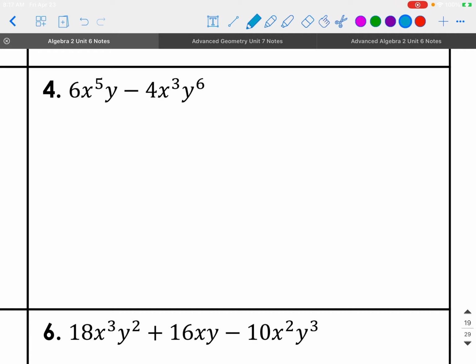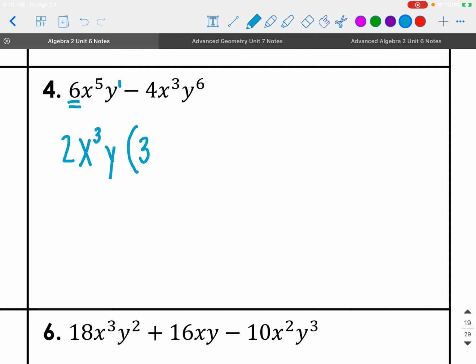What is the largest number that goes into both 6 and 4? It's 2. Okay, then our x's. The most I could take is 3. And then the y's, that really has a 1 exponent, so I could only take 1. I can't take any more than that.